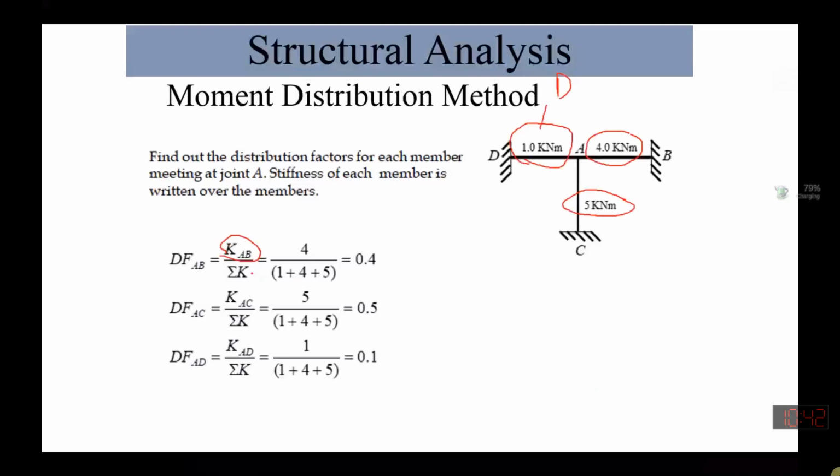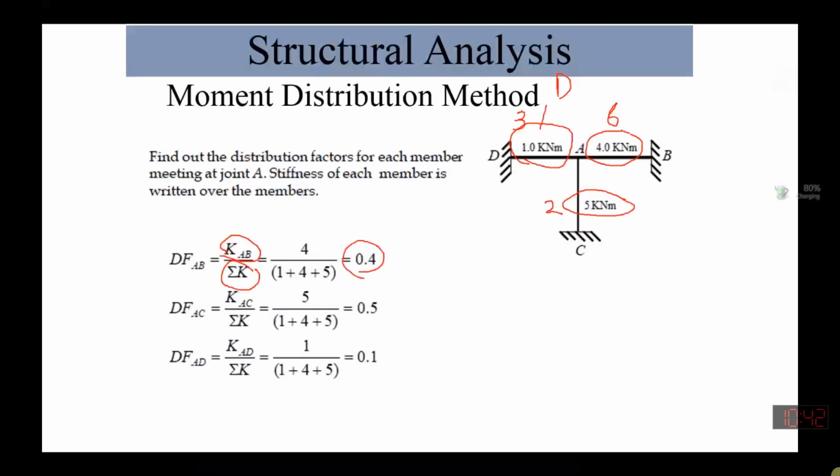So we can find the joint stiffness factor for member AB. Let's say I change the values: this is 6, this is 2, and this is 3. This is your classwork: please find the distribution factor for all 3 members.